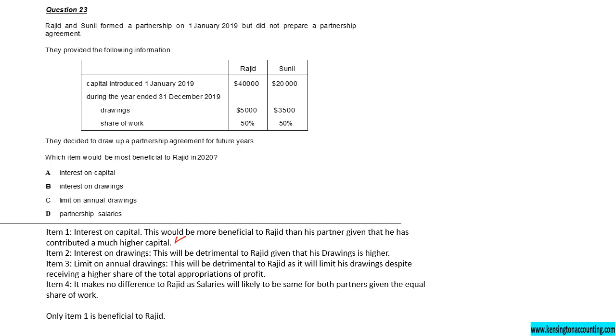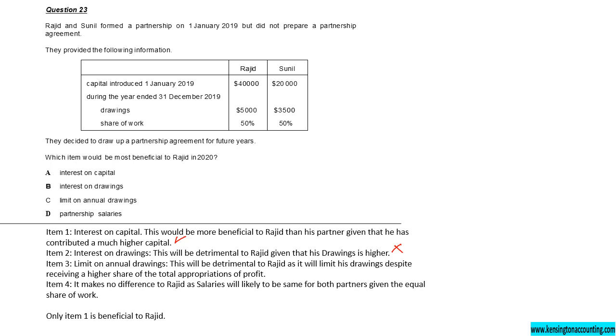Therefore, if you have higher drawings, it is detrimental to you. In our particular example, Rajit has a higher amount of drawings than Sunil. Therefore, the interest on drawings would not be beneficial to him. In fact, it will be to his detriment. Therefore, including interest on drawings in an agreement would not help Rajit.